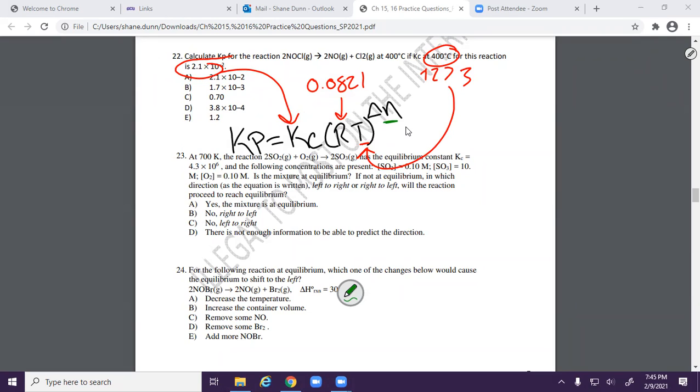What does that mean, though? The number of moles of products minus the number of moles of reactants. 3 minus 2, because you have 3 moles of products minus the 2 moles of reactants, right? What's that equal? Should equal 1. Plug a 1 in there.